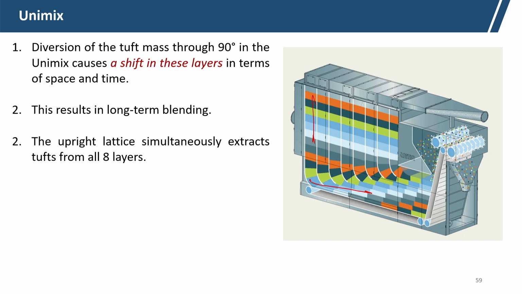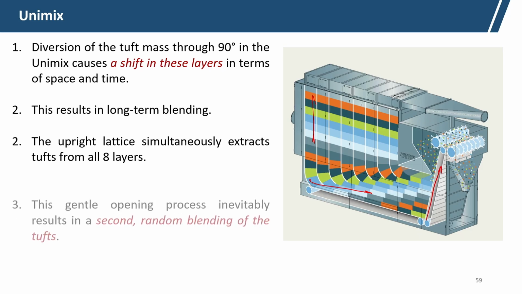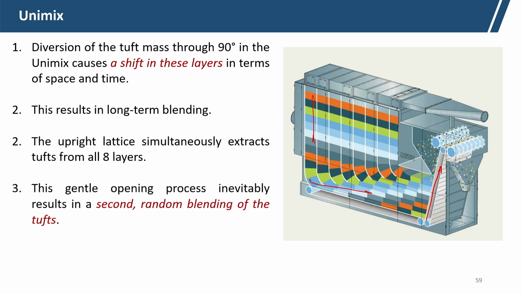The upright lattice simultaneously extracts the tufts in all layers. So, this is the upright lattice which actually extracts the fibers from all the different layers, okay. This gentle opening process results in a second random blending of the tufts.